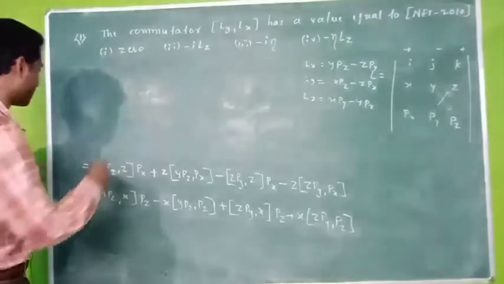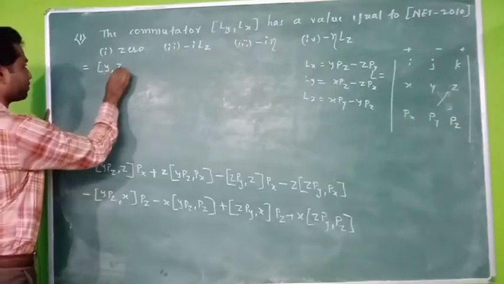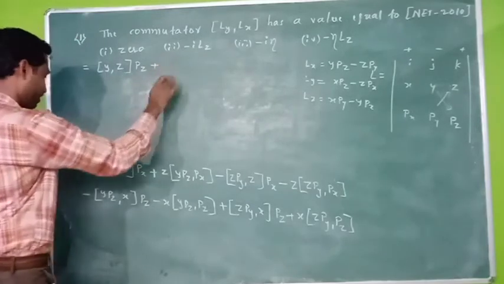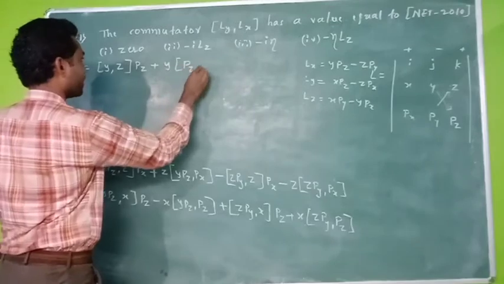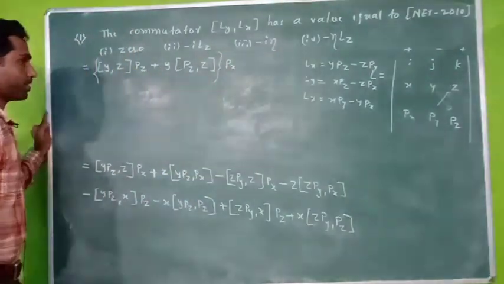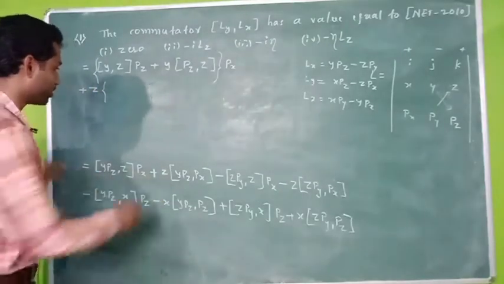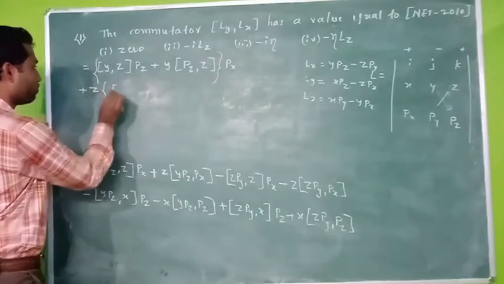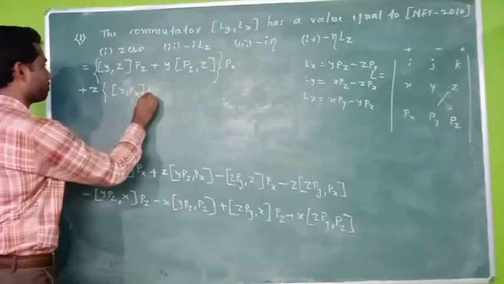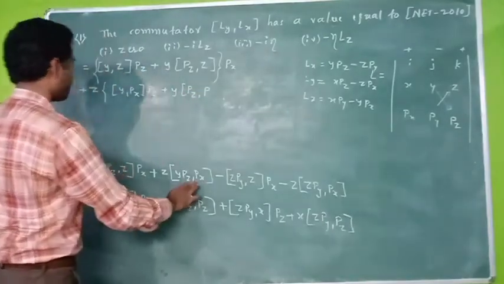So this is equal to y times the commutator of pz and z, multiplied by px, plus the commutator of y and z multiplied by pz, plus z times the commutator of ypx with pz as it is, plus y pz times px.